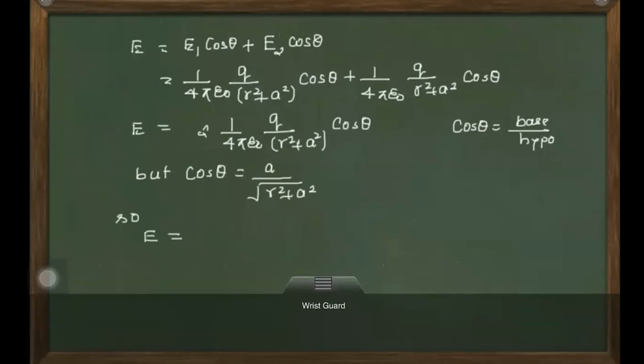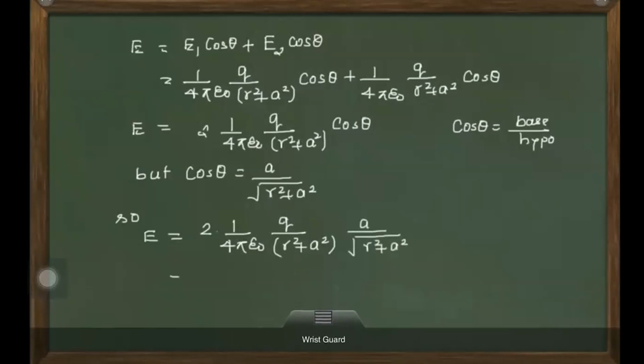E is equal to 2 into 1 upon 4 pi epsilon naught, and then Q upon R square plus A square into, put the value of cos theta. Cos theta is A divided by under root R square plus A square. So, you know that root means what?